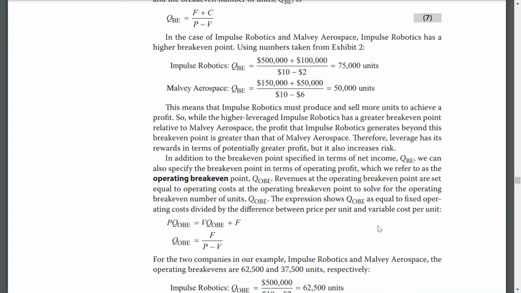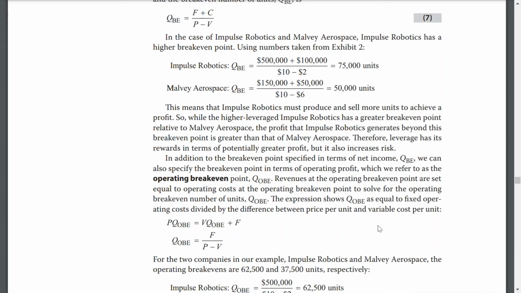In addition to the break-even point specified in terms of net income, the QBE, we can also specify the break-even point in terms of operating profit, which we refer to as the operating break-even point. The revenues at the operating break-even point are set equal to the operating costs at the operating break-even point to solve for the operating break-even number of units, which is the QOBE.